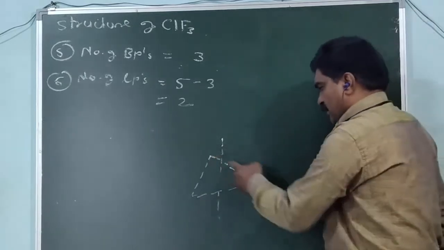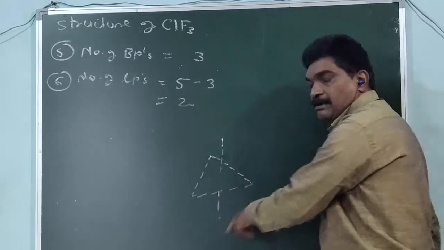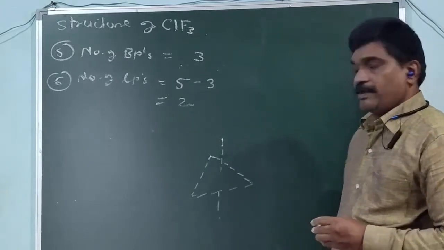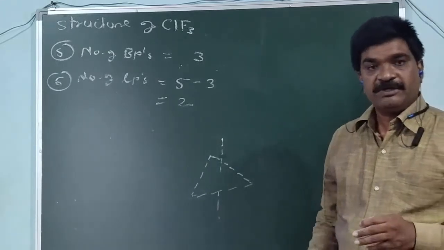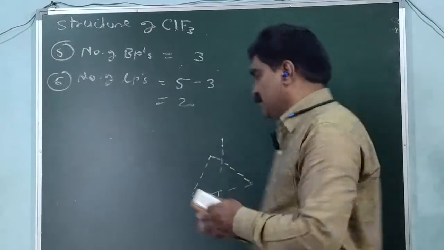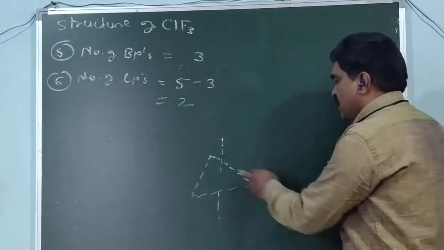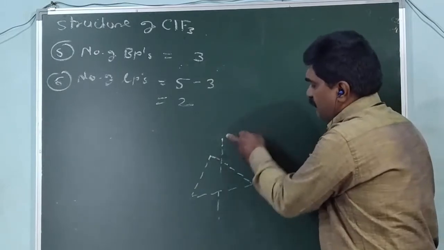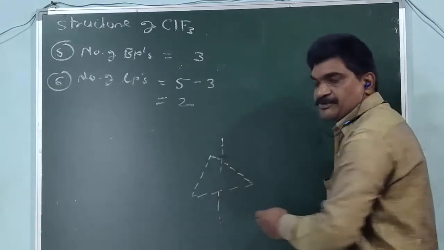Now this is the equilateral triangle, one above and one below. Now dear friends, here in case of ClF3, there is a problem. There are two arrangements. These are the equatorial positions and the second ones are the axial positions.